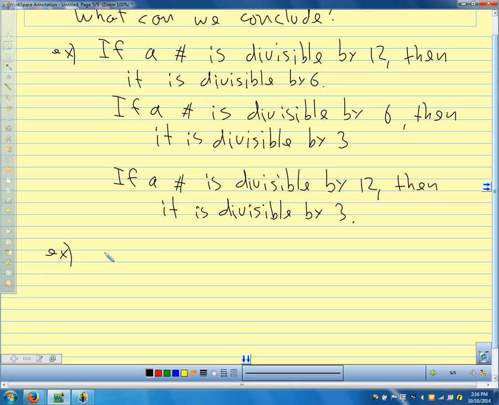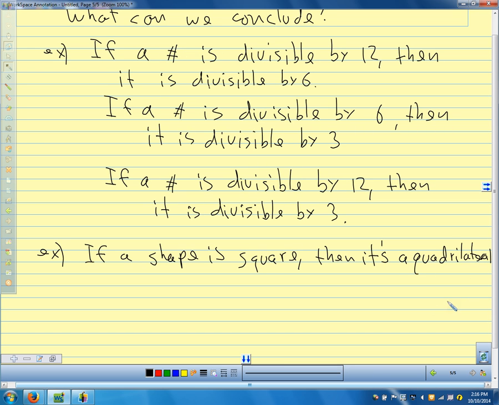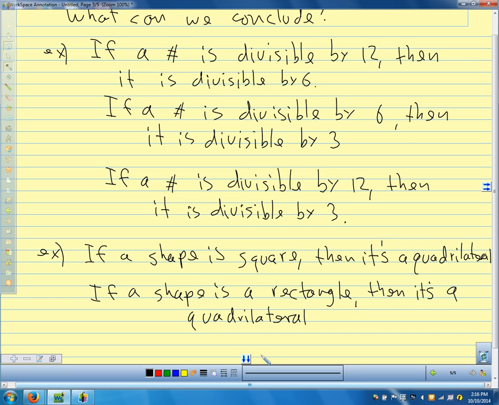All right, last one. If a shape is a square, then it is a quadrilateral. If a shape is a rectangle, then it's a quadrilateral. What can we conclude here? Is that what these two say? If a shape is a square, then it's a rectangle?